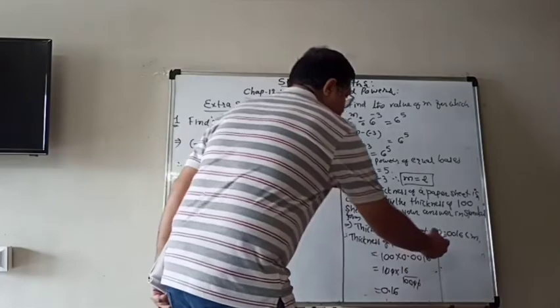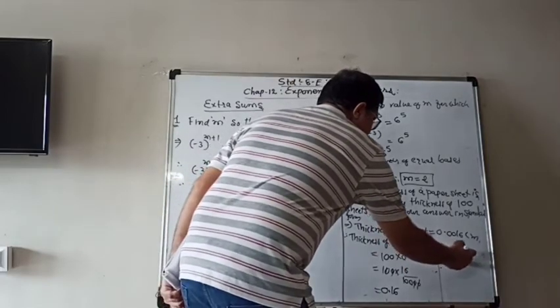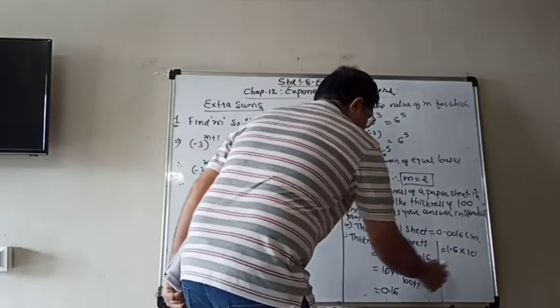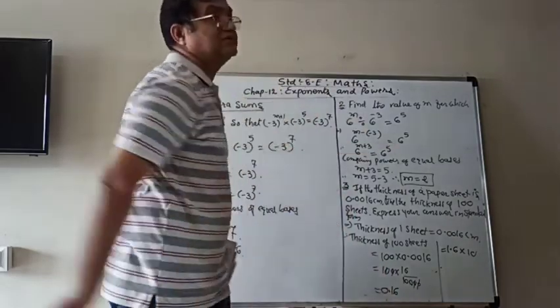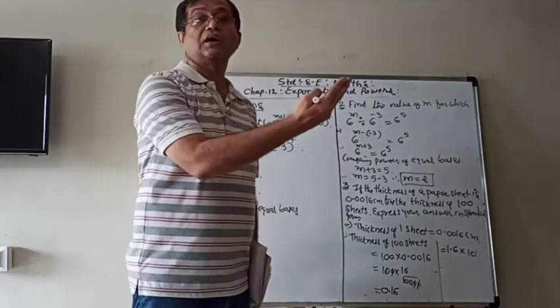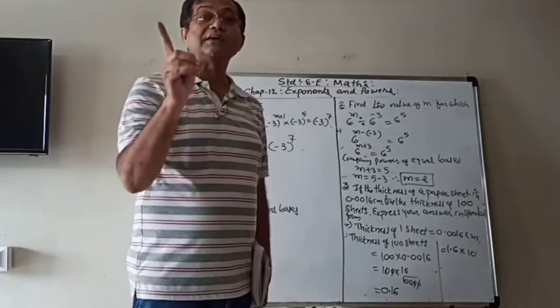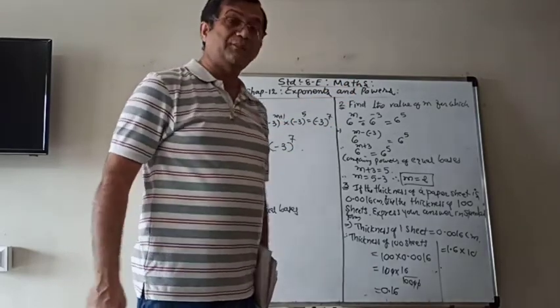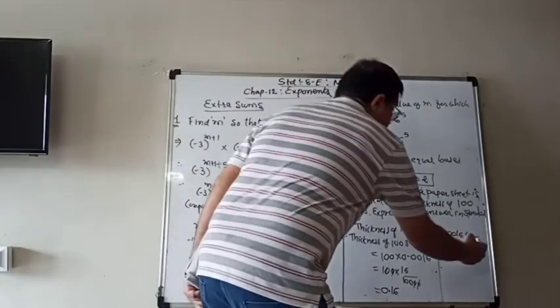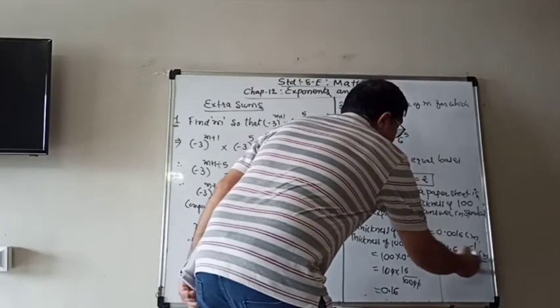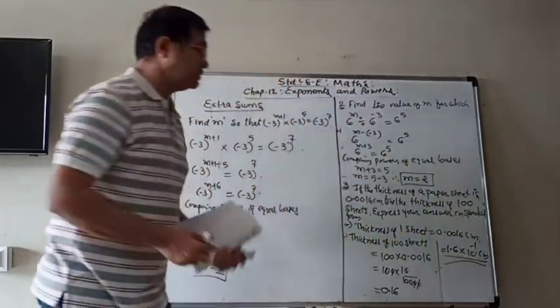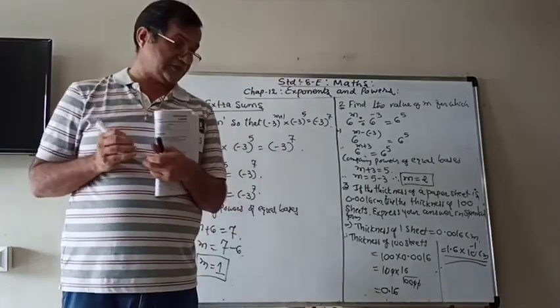Now you can easily convert it. It is 1.6 into 10 raised to. Now we move only one digit to the right side, and therefore it will be negative. So 1.6 into 10 raised to minus 1 centimeter. That is the final answer.